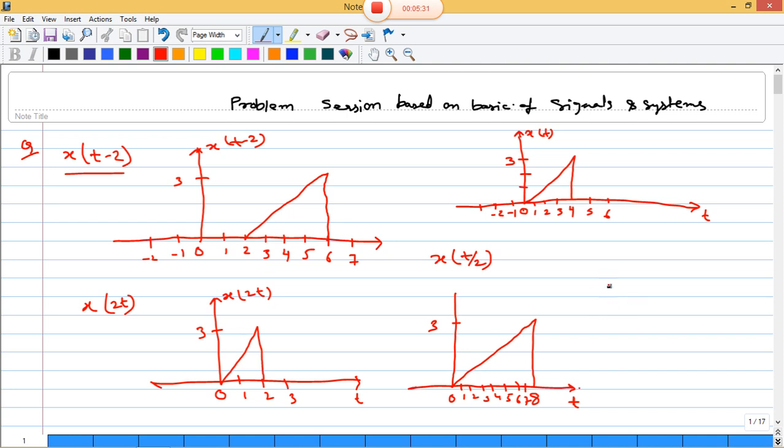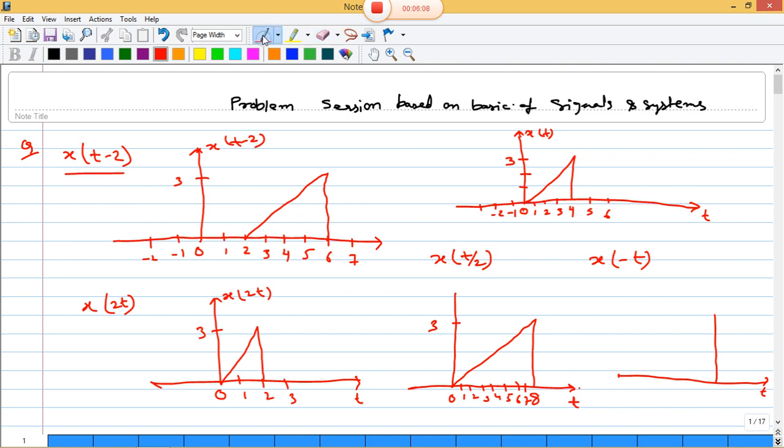Okay. Now another one is x(-t). What will the graph be here? For x(-t), our graph will look like a mirror image of this. Meaning in the original signal, it started from 0 and ended at 4. So it will start from 0 and end at minus 4.